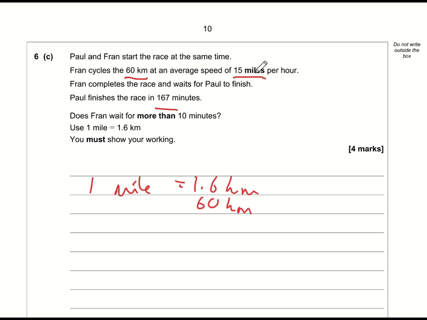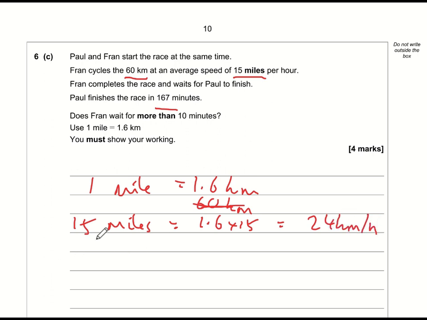It really doesn't matter, but let's turn 15 miles per hour into kilometres per hour. So that is just going to be 1.6 multiplied by 15, and 1.6 multiplied by 15 is 24. So that is 24 kilometres per hour.